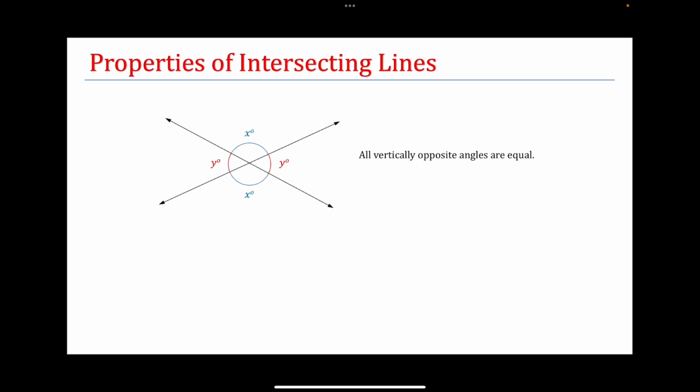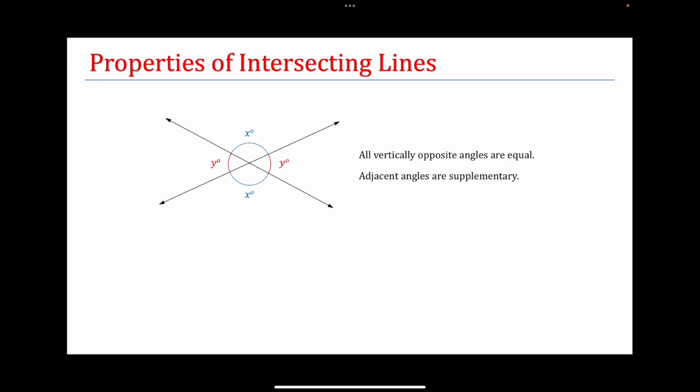In the figure you can notice that the angles X are vertically opposite, similarly the angles Y are vertically opposite. So they are equal. Vertically opposite angles are equal. Adjacent angles are supplementary. X and Y are adjacent angles, so they are supplementary.